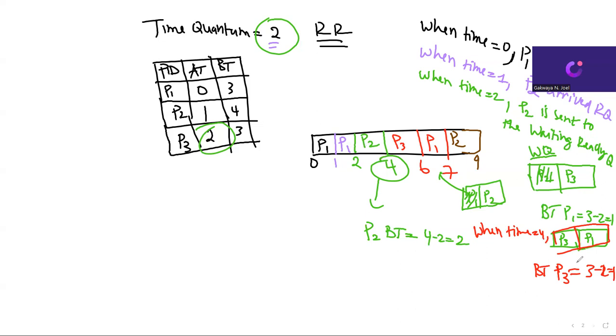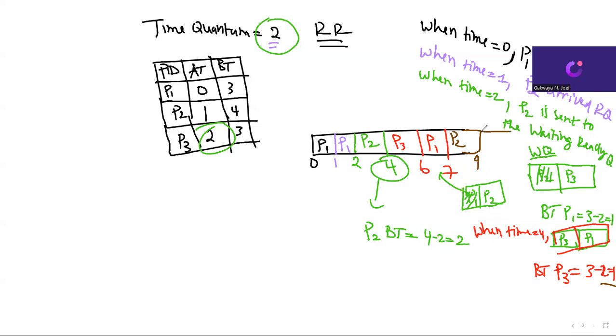Now the remaining part is for P3, right? So P3 remains with 1 because P2 already completed. P1 already completed.